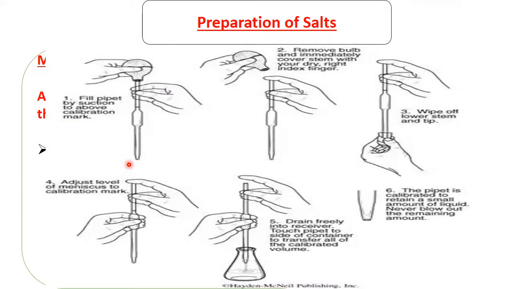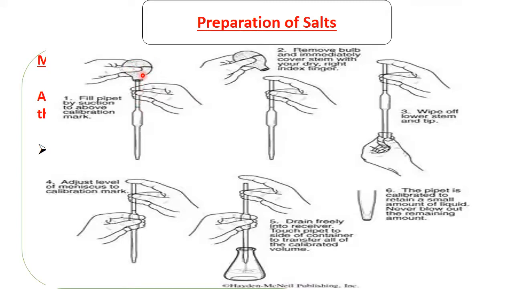So what you do with a pipette is, the first step is you get your pipette. Usually there are different types of pipettes, but in the labs that we usually use at school, we have this type which has got a bulb here.